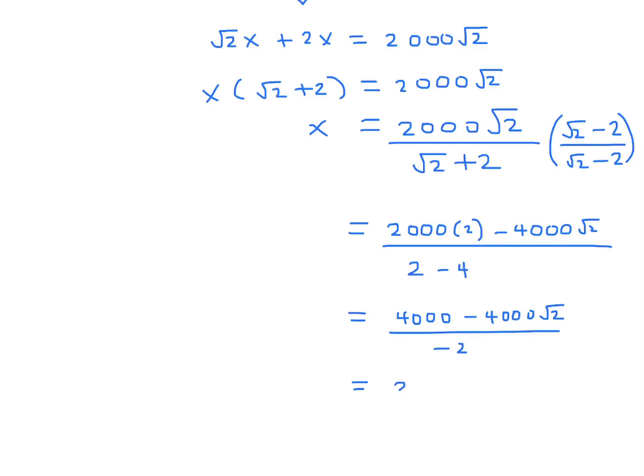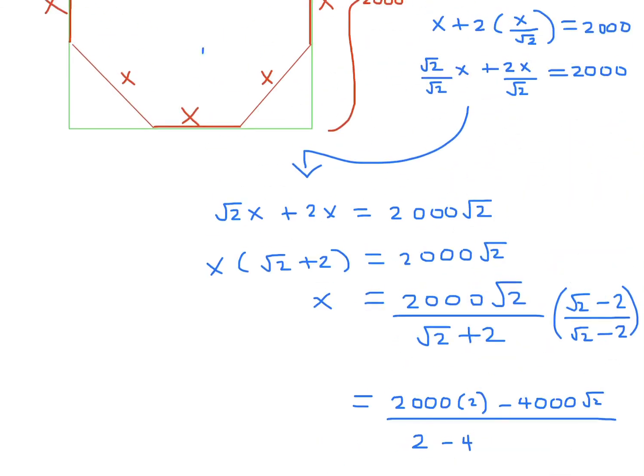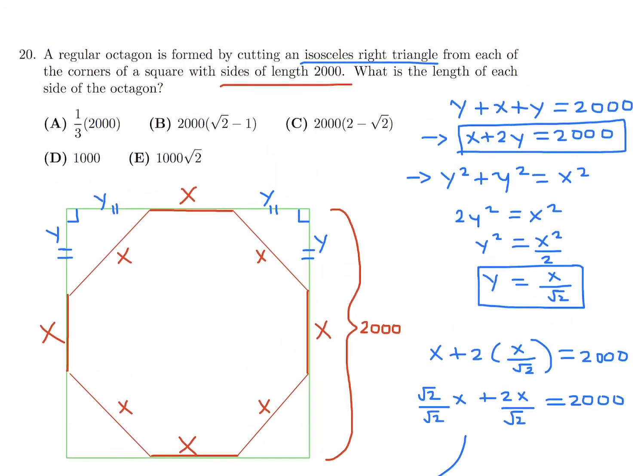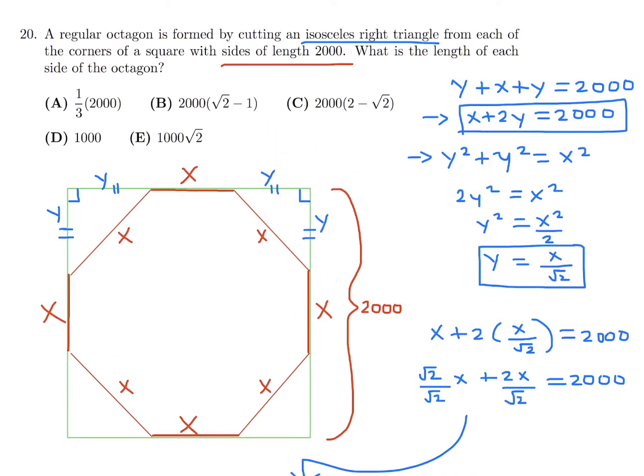And then that would be 2,000 root 2 minus 2,000. And if you factor out the 2,000, you'll get root 2 minus 1. So 2,000 times root 2 minus 1, and that's this one right here. So 20, the answer is B.